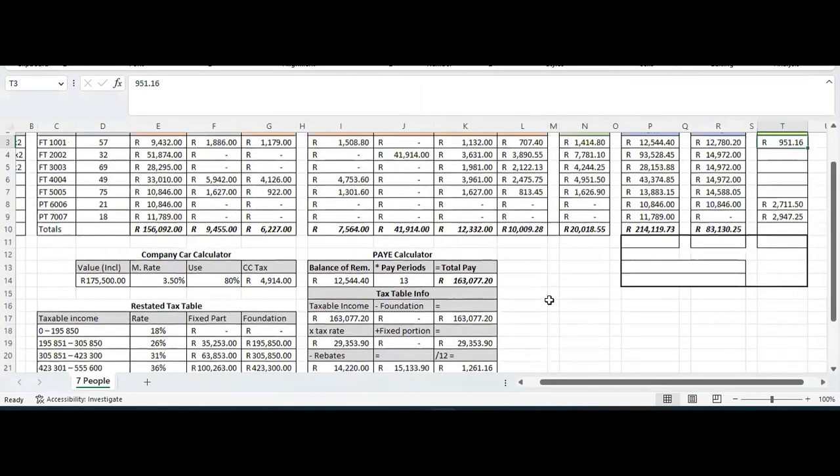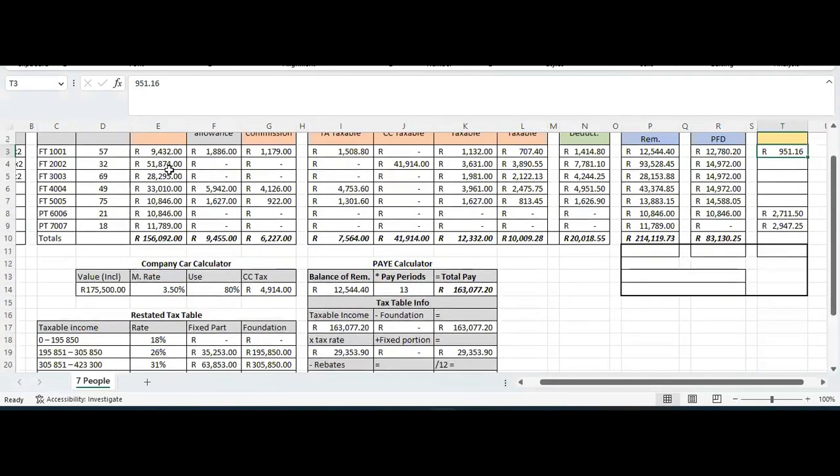Let's see what happens to the young man of 32 that is making a lot of money. Okay, in his case, the balance of remuneration is, I must actually do this now, is equal to 93,528. Okay, that's a lot of money. Okay, he doesn't get a 30th check, so in his case, that's only 12, and that will give us his total pay now.